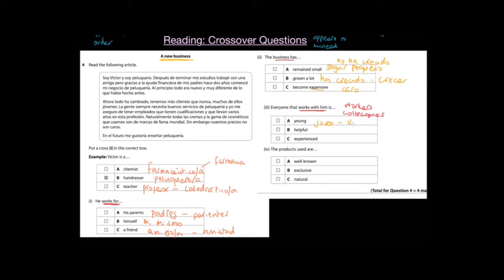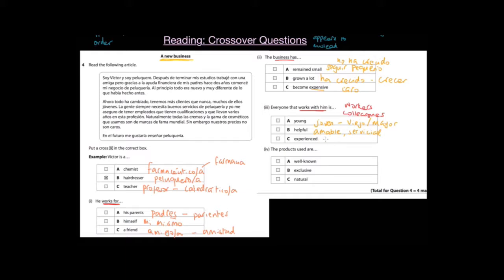Remember, the opposite of joven is viejo, or to be less offensive, because nobody likes to be called viejo, a more respectful word is mayor. Okay, helpful, we could have amable, or servicial, but that's maybe a bit tricky. Okay, amable, servicial.